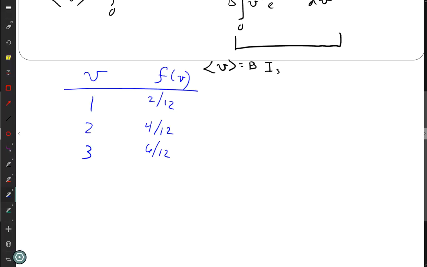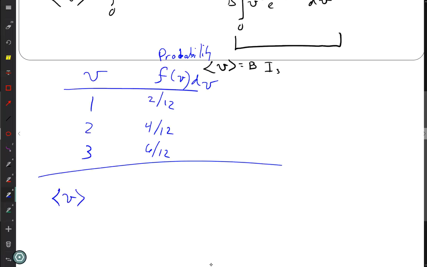function, which was f of v dv actually. So probability. If I want to find the average score, how would you find the average score based on this data?